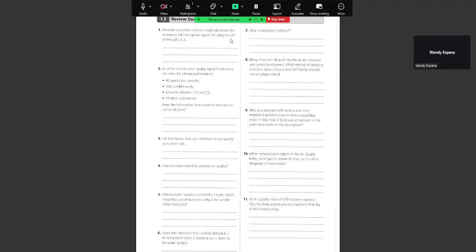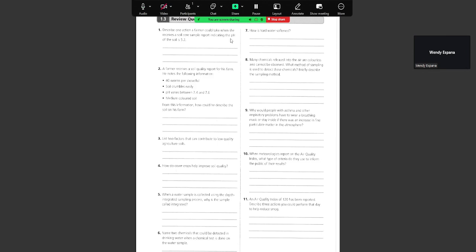Number 4 is how do cover crops help improve soil quality? So if you're not sure about that, go back to the information on soil testing, and you want to look at what it was cover crops were helping with. And so that'll give you your information on how to improve that.